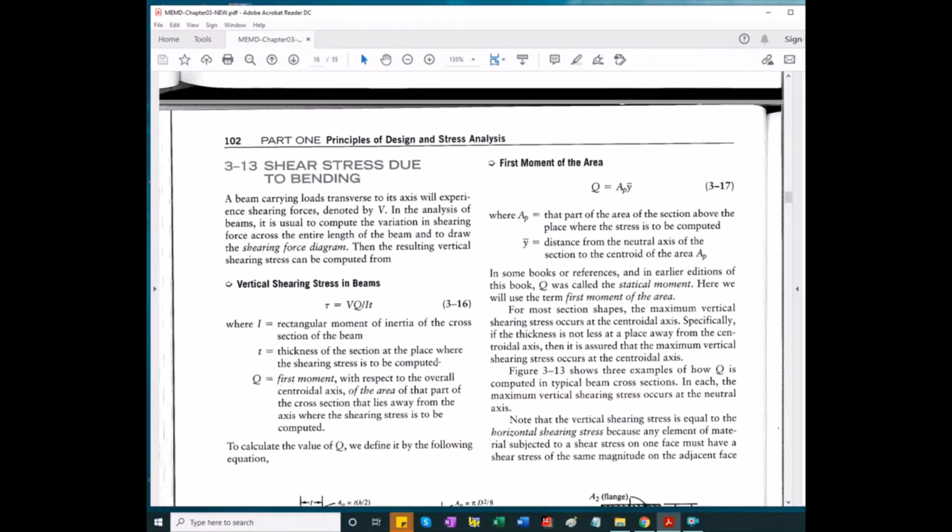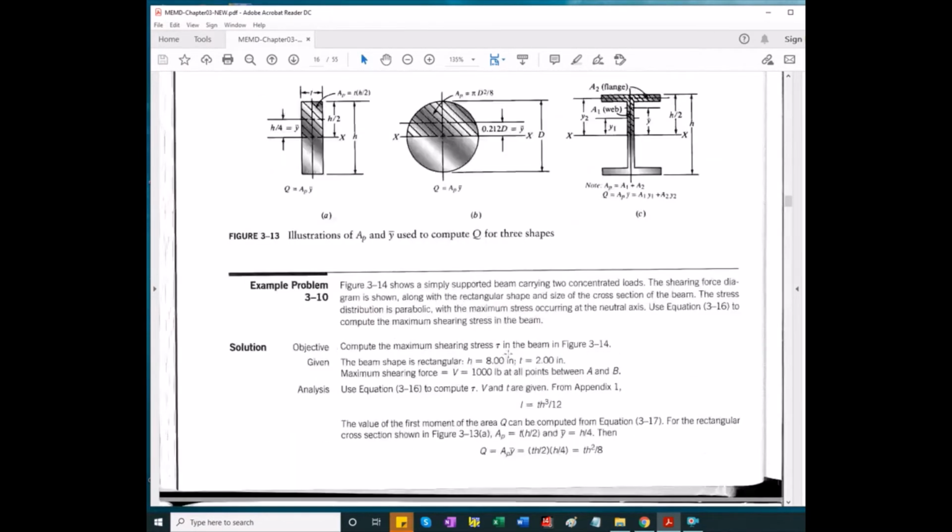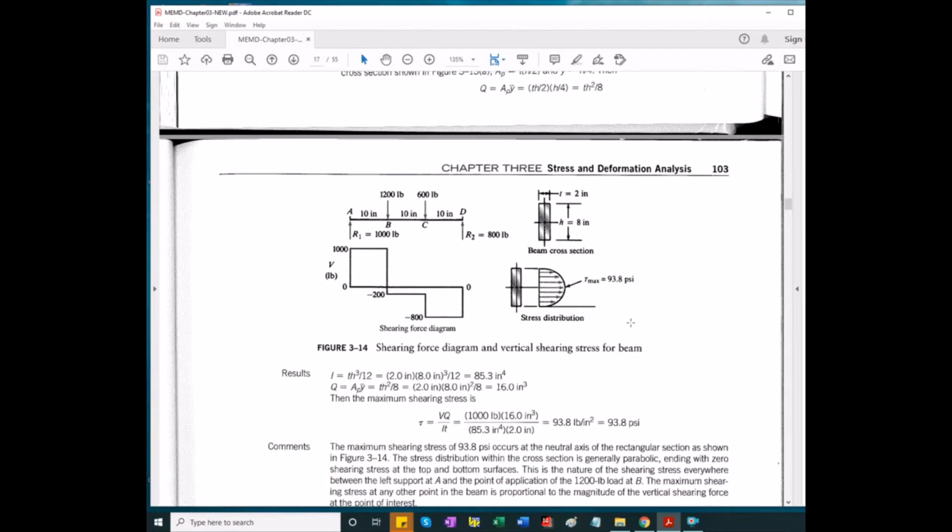Now, bending causes shear stresses, which will be discussed later when designing shafts. At the supports, the bending moment is very small, but the maximum stresses that occur are due to the shear caused by bending.